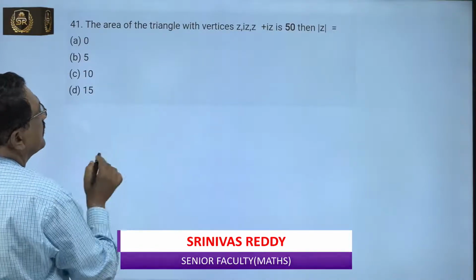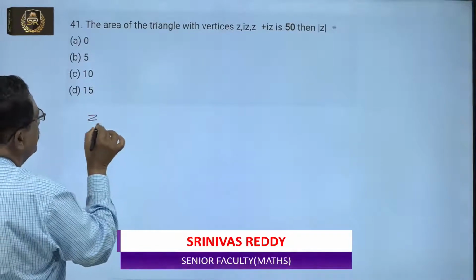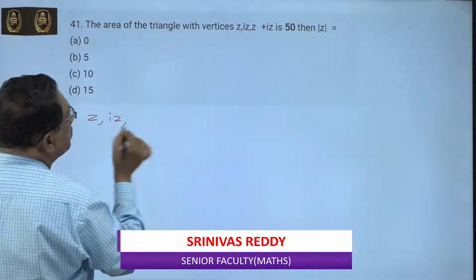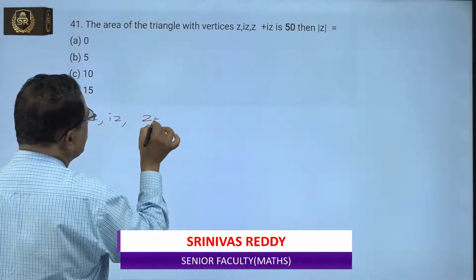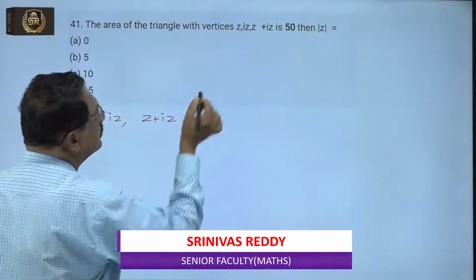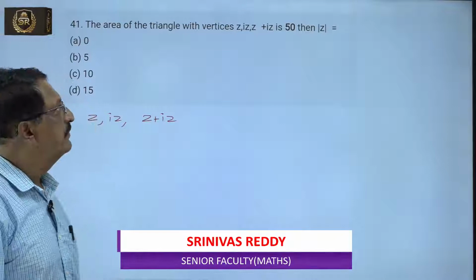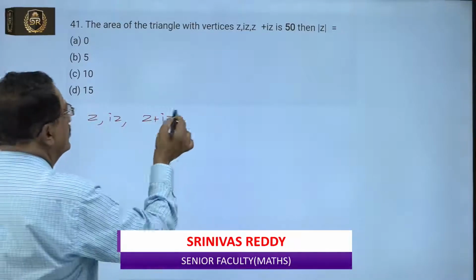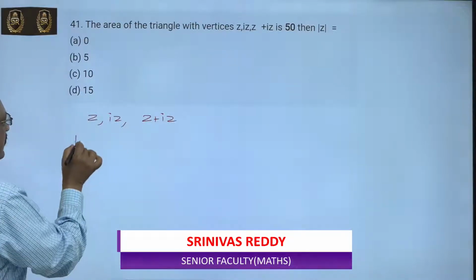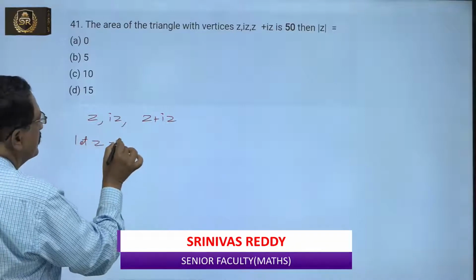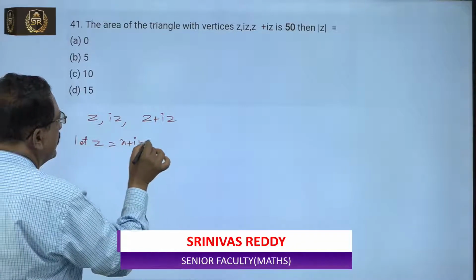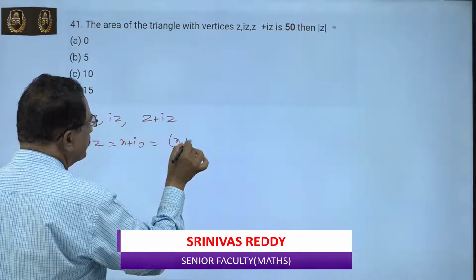The area of the triangle with vertices Z, iZ, and Z plus iZ is 50 square units, then we need to find mod Z. First let Z equal x plus iy, or in ordered pair (x, y).